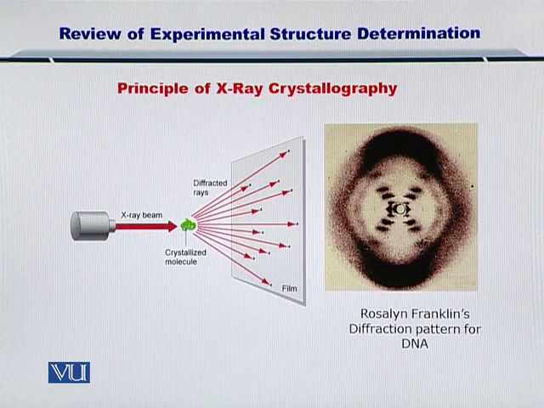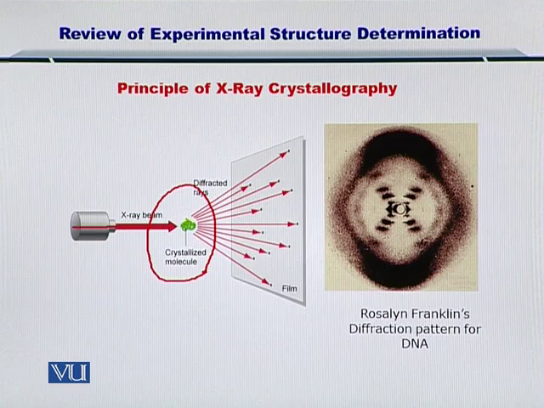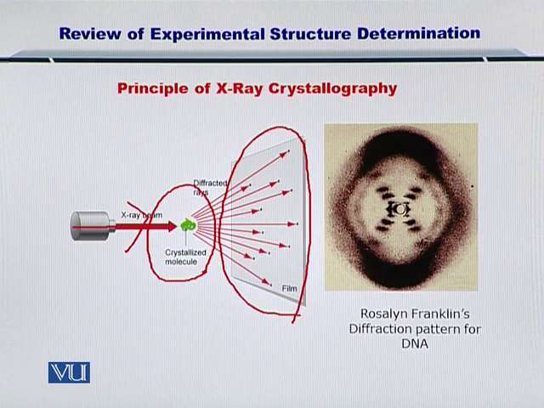Dear students, as I have mentioned earlier, you need to crystallize a molecule and then shine X-rays onto it in order for you to see the positions of atoms within this molecule. Once you know the position of each atom within the protein, then you can construct the 3D conformation of the whole protein as well.